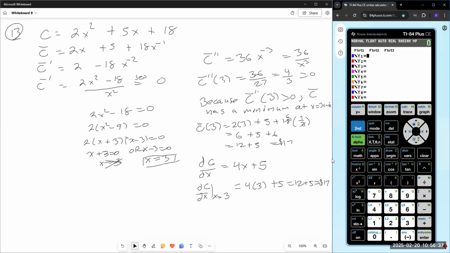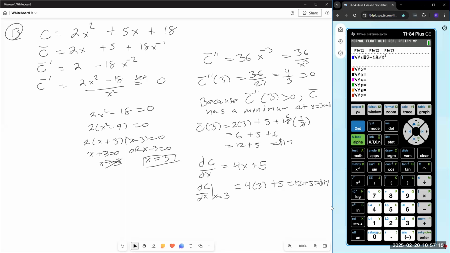So let's go ahead and graph the average cost function here, which would be 2 minus 18 x to the negative second, or divided by x squared. And I'm only really interested in the first quadrant, but I'm going to zoom 6.